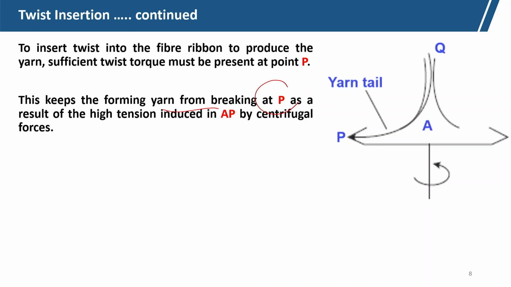This is a result of the high tension introduced in the A P zone by the centrifugal force. The centrifugal force generates high tension, which tries to push the fiber ribbon into the rotor groove.